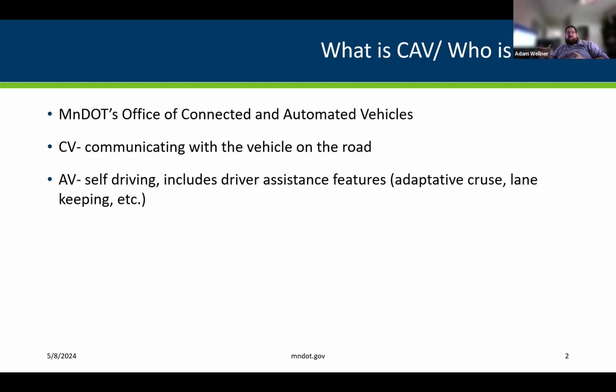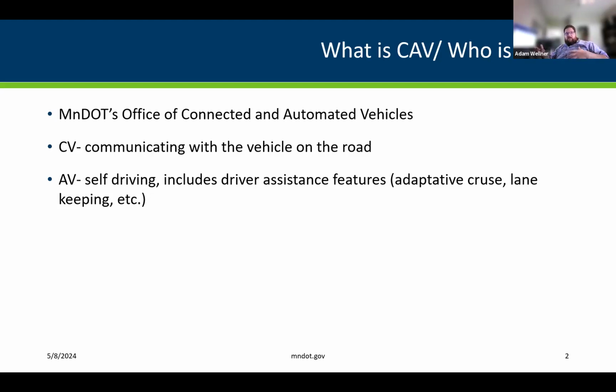CAVX is MnDOT's Office of Connected and Automated Vehicles. It's a group within MnDOT whose purpose is to look out for how automation is going to affect the way MnDOT does business, whether that's with automation in MnDOT's business or how automation and connectivity change the way we need to do business as the fleet of vehicles that private citizens own, driving on our highways, gets to be more and more prevalent.